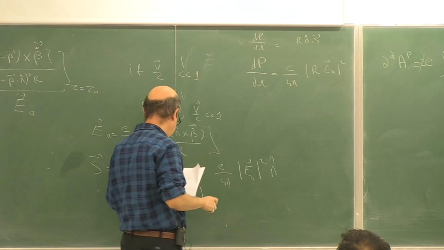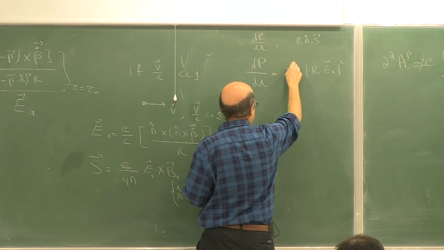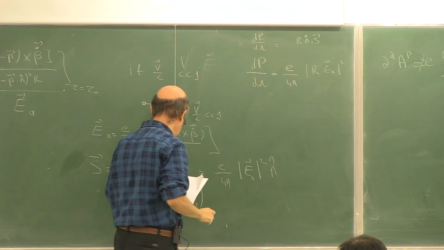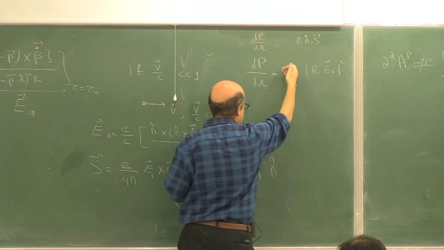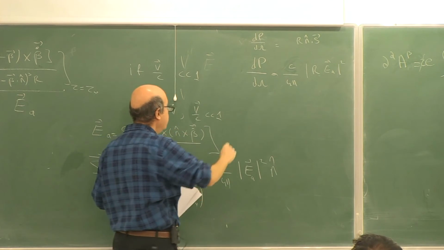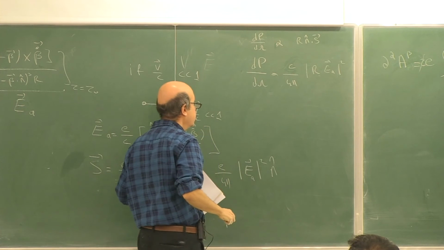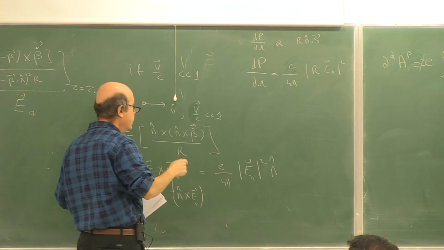That is C over 4 pi. So power emitted per solid angle is related to the real part of n dot S, where S is the Poynting vector.